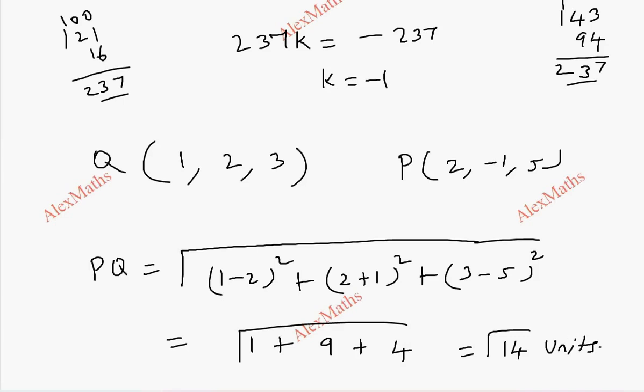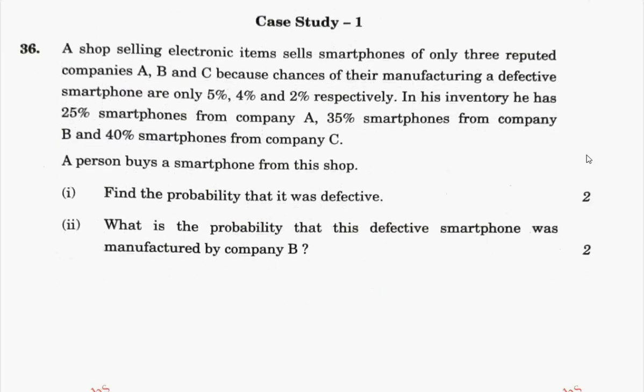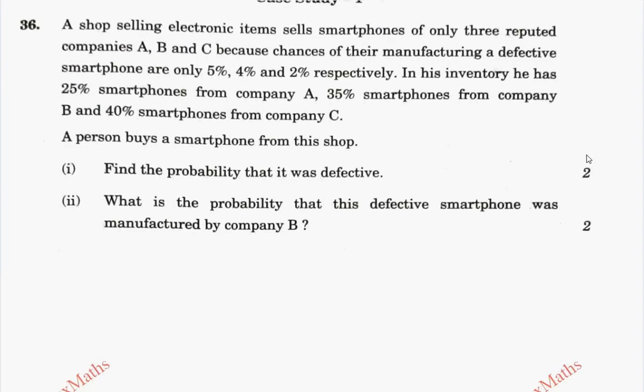units. Now coming to section E, case study 1, question number 36. They have given a shop selling electronic items sells smartphones of only 3 reputed companies A, B and C. So the chances of their manufacturing a defective smartphones are 5%.